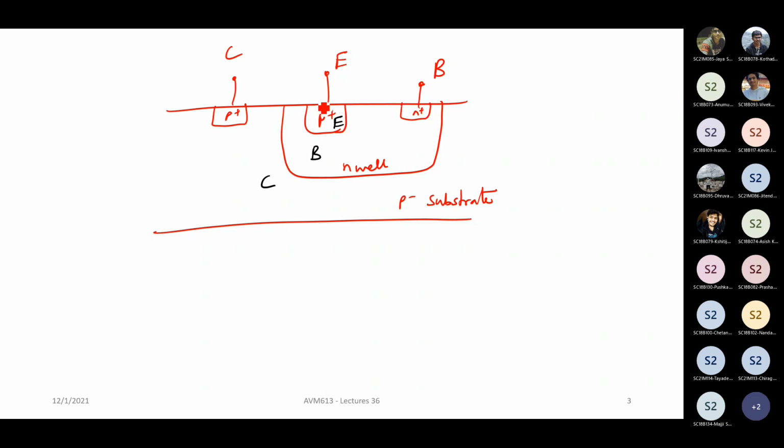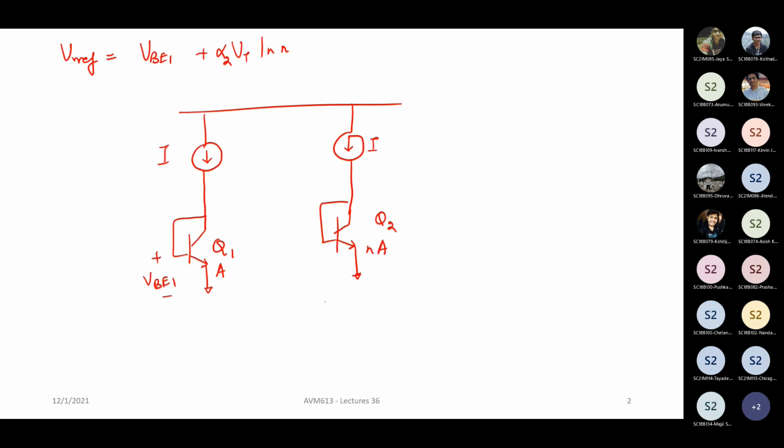And what is of interest is basically your emitter area. This P plus diffusion, right? This is the cross-sectional view. If you look at the top view, the area of your emitter is what is going to determine the parameters of that particular BJT, right? So here Q1 has an area of, let us say, A, and Q2 has an area of N times A, okay?